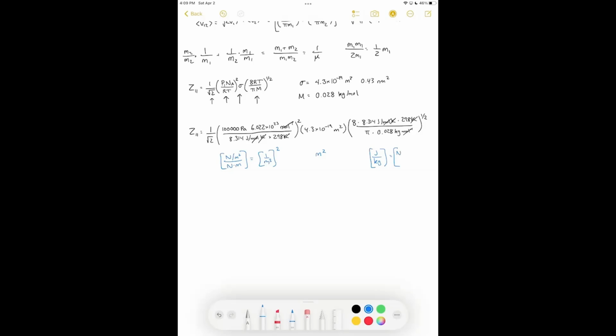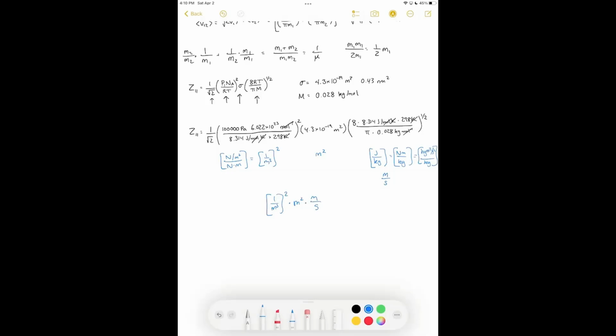So we have Newton meter per kilogram, which is kilogram meters squared per second squared over kilogram. So what we're left with is the square root of meters squared per second squared, or meters per second.